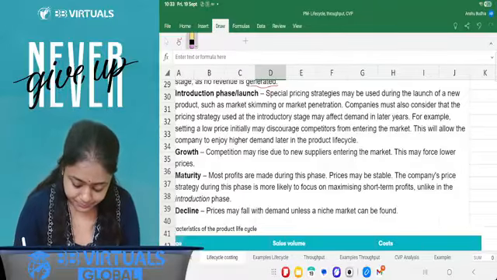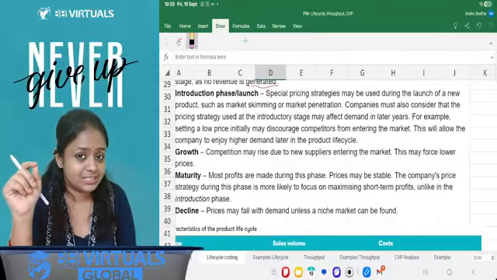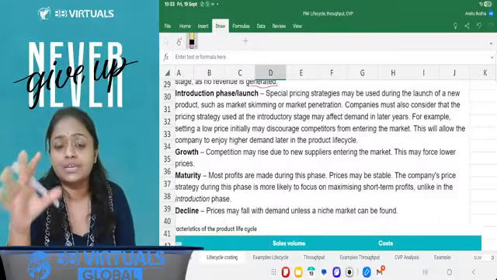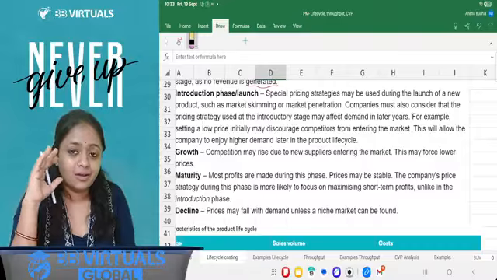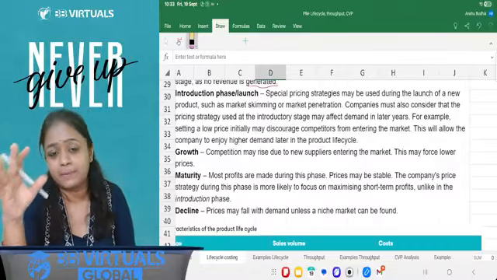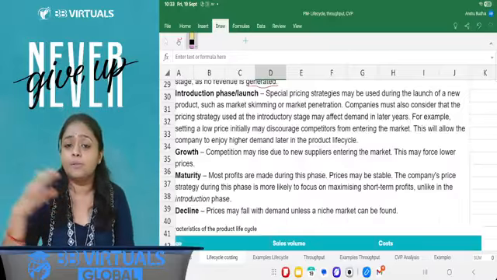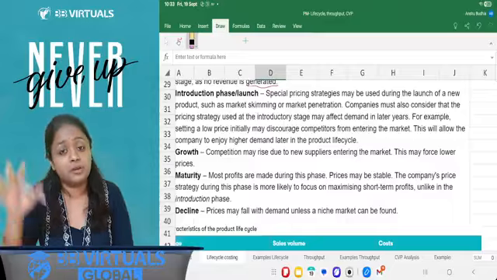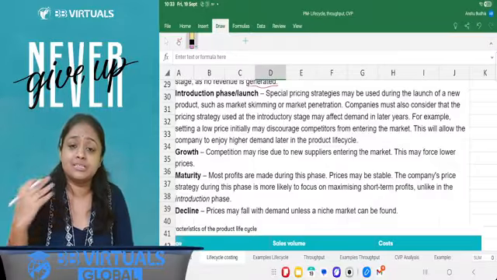Now, quickly, like I told you, the pricing strategy: you enter the market with a high price to maintain the quality and the prestige value, and with high pricing you are able to generate profits because your product is such that even if the price is high, customers like it.